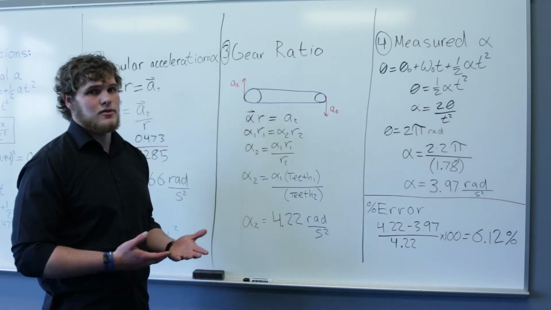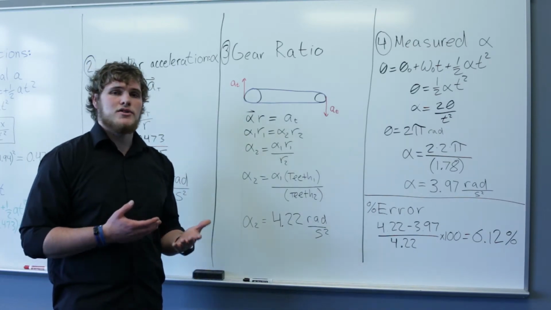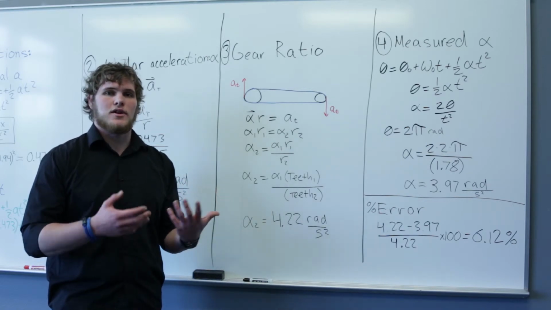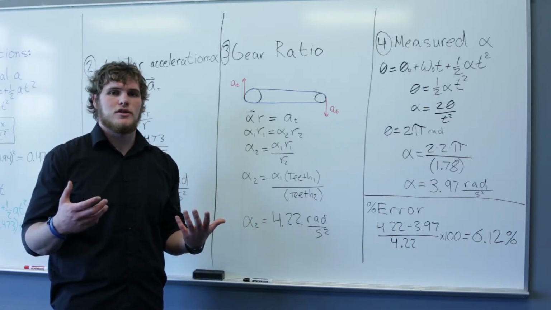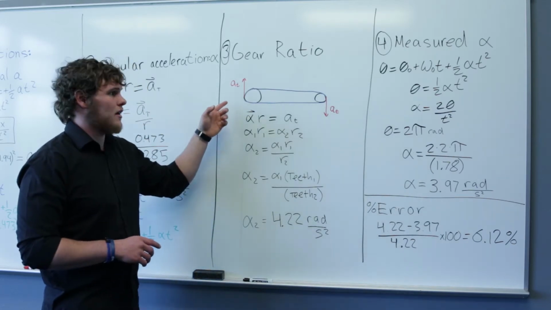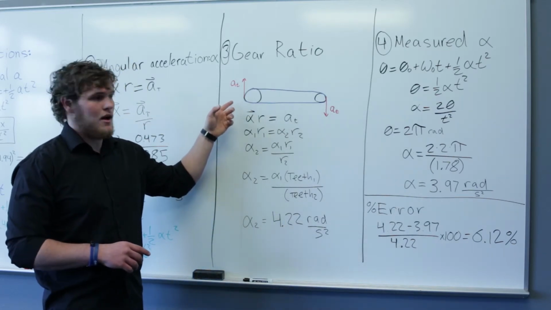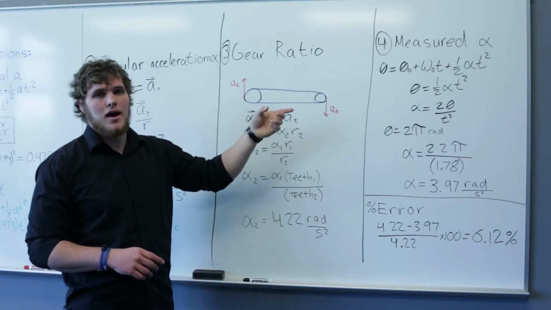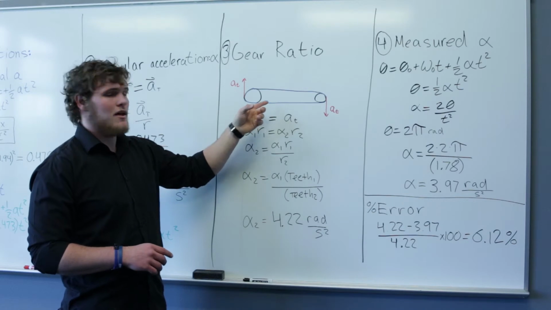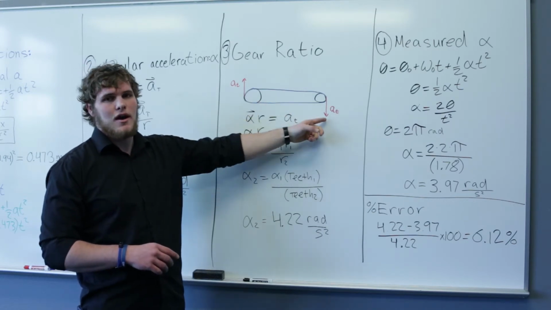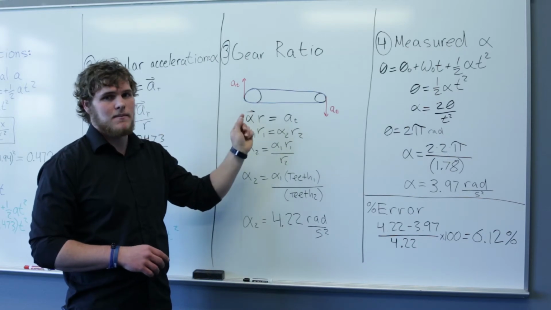The third calculation we're going to run through is the equation we use to translate the first angular acceleration to the second angular acceleration using the gears. Here you can see a picture demonstration of the chain and the gears. Since the chain always has a constant acceleration, that means that the tangential acceleration at the edge of each of the gears has to be the same.